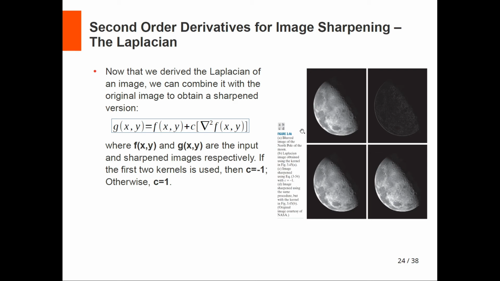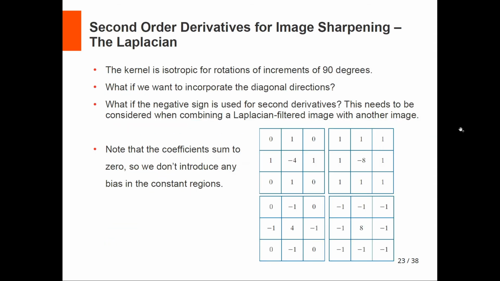So let's just look at an example. This is a blurred image of the north pole of the moon. Since we want to sharpen it, first we calculate the Laplacian using this kernel here.